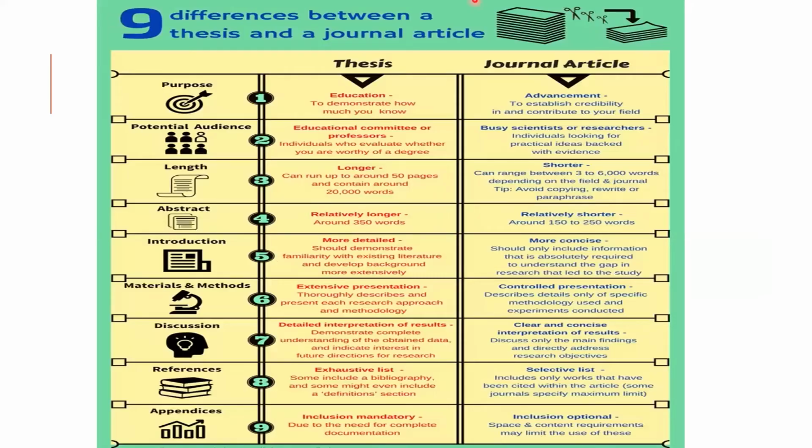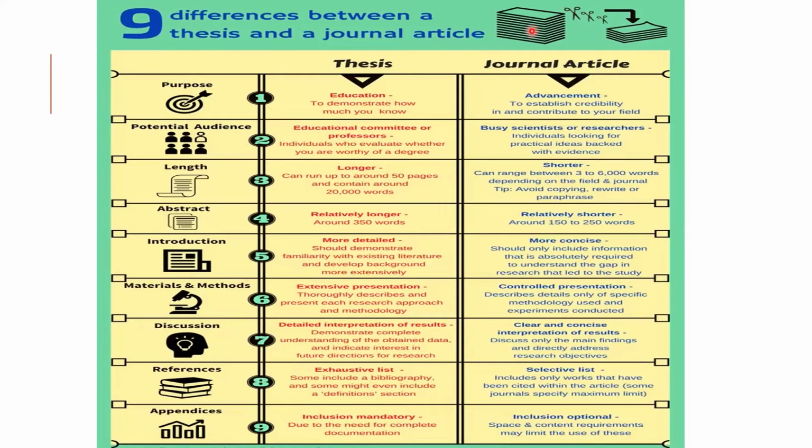Okay, so here, as I mentioned, this is also a shortcut about the difference between a thesis and journal articles. As I mentioned, you need to know the purpose, the potential audience, who they are, and the length. We talk about the abstract, the introduction, also the materials and methods, the discussion, the references, and the appendices, all in detail here as already mentioned.